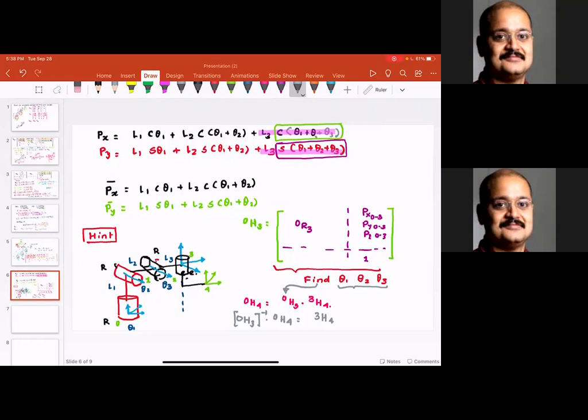There is another problem. Imagine we talked about the spherical wrist problem. So instead of one revolute joint, there are three revolute joints: R perpendicular to R perpendicular to R. So now the problem is, how do you find the angles? This will have 6 thetas: theta 1, theta 2, theta 3, theta 4, theta 5, and theta 6.